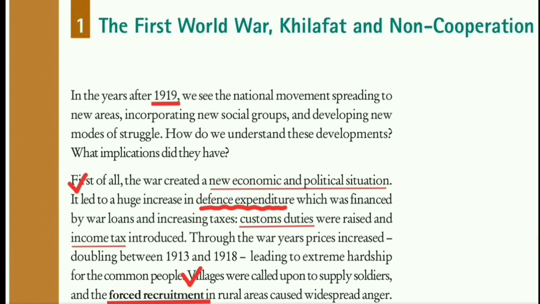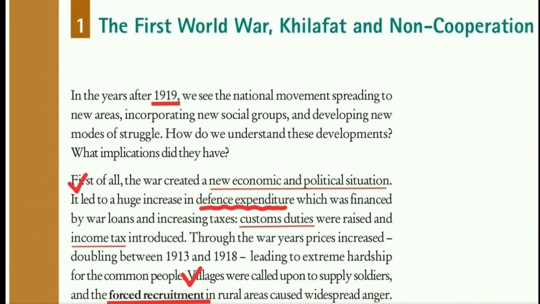Now, this topic is about the First World War. You may wonder why we are talking about the First World War, because India was not a participating country in this war. Neither were we a participating country in the First World War, nor in the Second World War. The answer is that we will be studying the First World War and its effect on our country, because it was the Britishers who were the participating country, along with other countries like France, Germany, Italy, the United States.